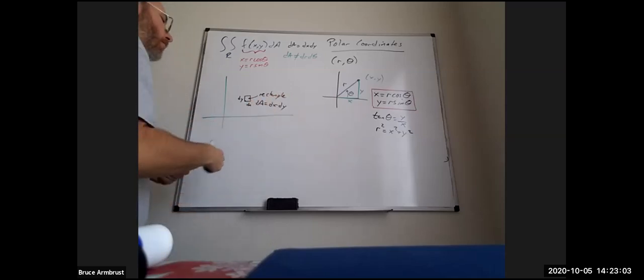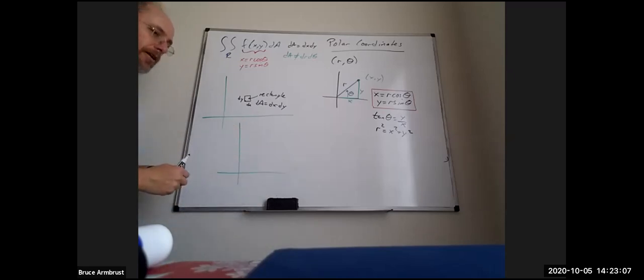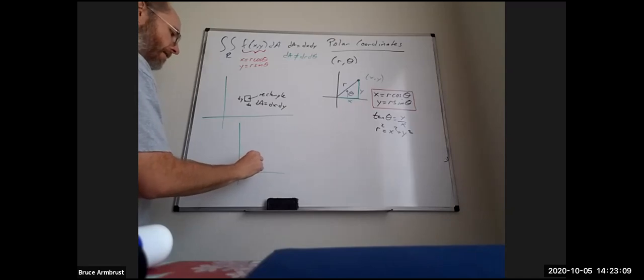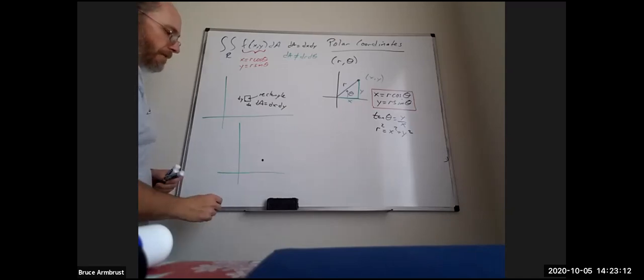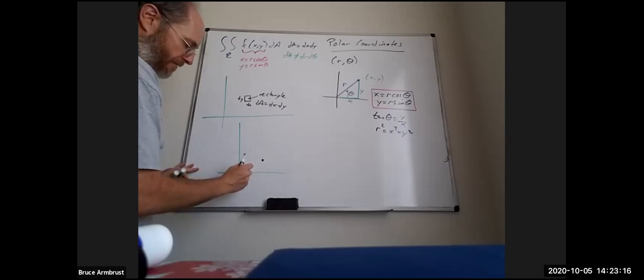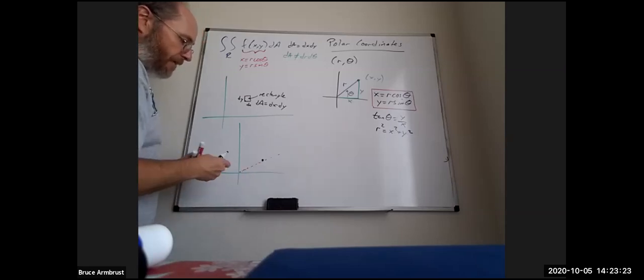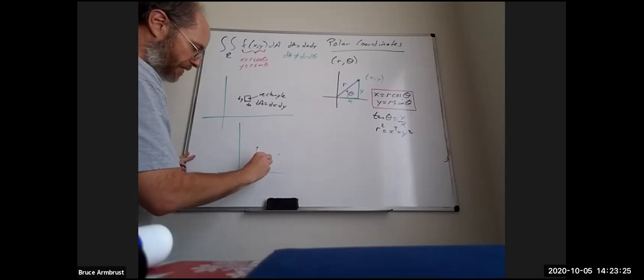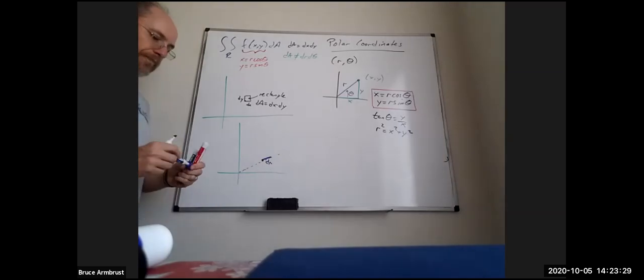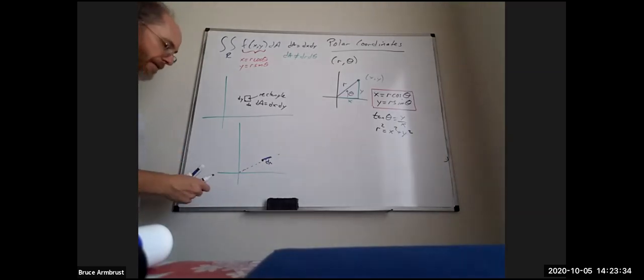But now that we're in polar, I want you to think about what happens if we take a little step in r and a little step in theta. So here's our point. I'm going to take a step in r. There's a radial line coming through here, so my step in r is going to take me out, say, here. There's going to be my dr. But then I also need a d theta.